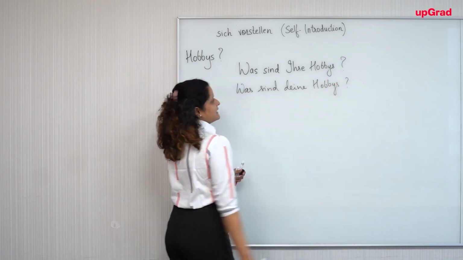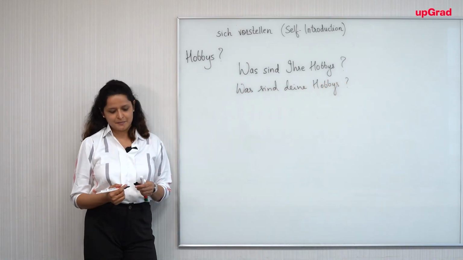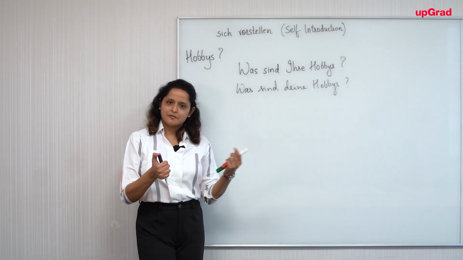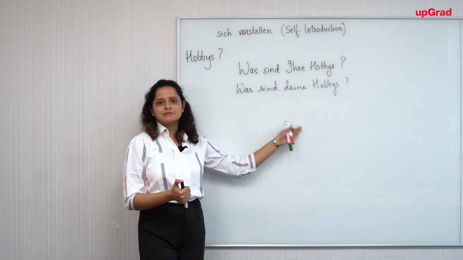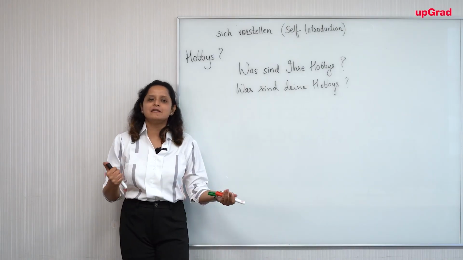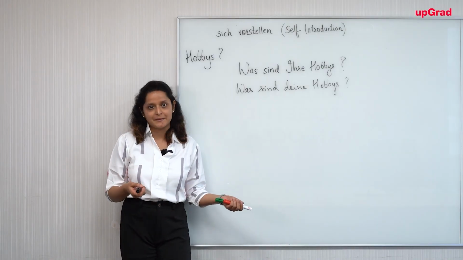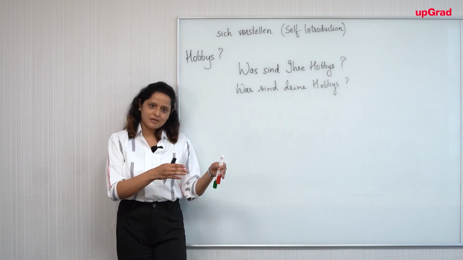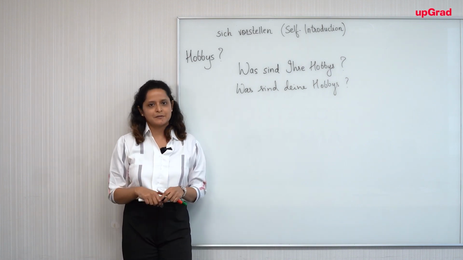Here, you are simply asking the person what their hobbies are. The answers here can be diverse. So, whatever verbs you have learned, you can use them as hobbies. Say, traveling is a hobby, playing is a hobby. Okay, so whatever hobbies you have, you can either use one hobby or you can use multiple hobbies.